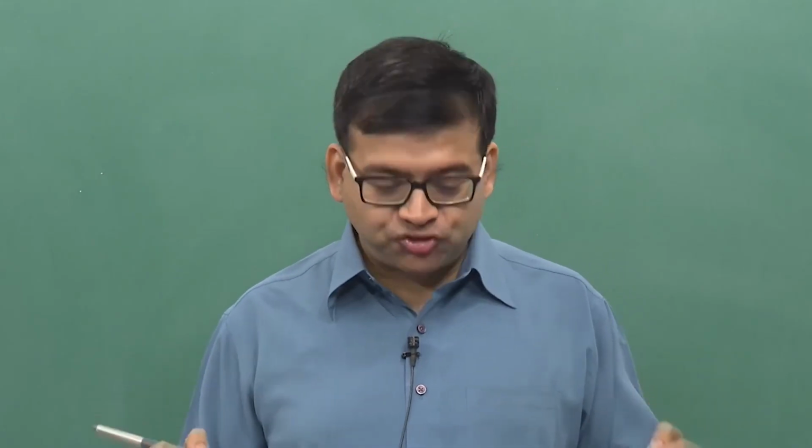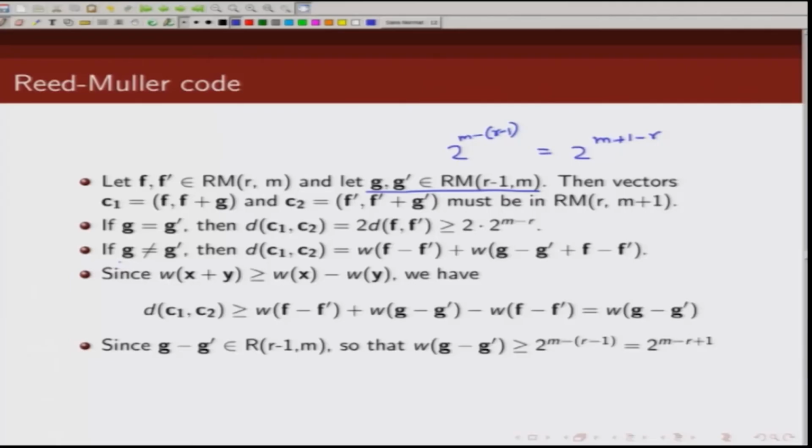So, what we have shown is even when g is not same as g hat, our minimum distance is still 2 raised to power m minus r plus 1. So, now we have proved that the minimum distance of the rth order Reed-Muller code of length 2 raised to power m plus 1 is basically given by this.